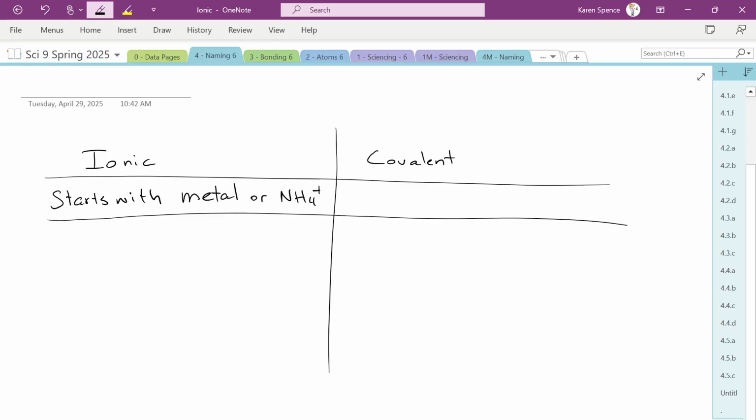So ionic starts with a metal or NH4+, whereas covalent is, how can you tell a compound is covalent? It's a nonmetal plus nonmetal.